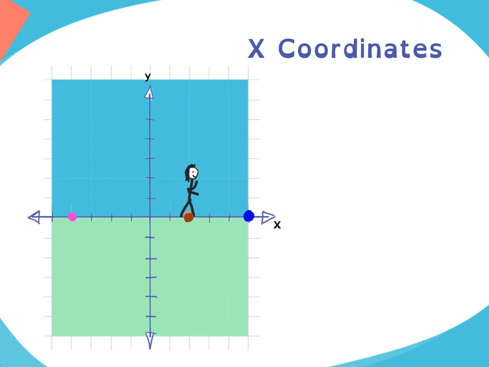So we're going to change the x-coordinate to the number of spaces we moved. In this case, 2. Since we're moving to the right, that is a +2 and not a -2. Now, we did not move up or down at all, so we're going to keep the y-coordinate as 0.